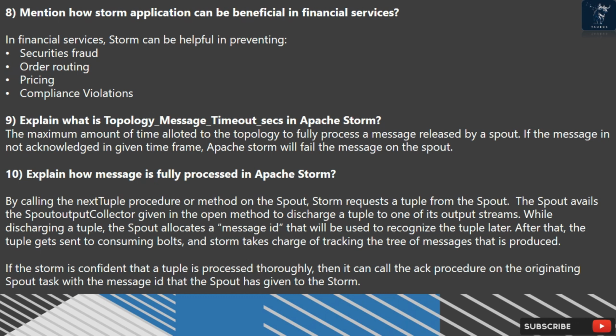While discharging a tuple, the spout allocates a message ID that will be used to recognize the tuple later. After that, the tuple gets sent to consuming bolts, and Storm takes charge of tracking the tree of messages that is produced. If Storm is confident that a tuple is processed thoroughly, then it can call the ack method on the originating spout task with the message ID that the spout has given to Storm.